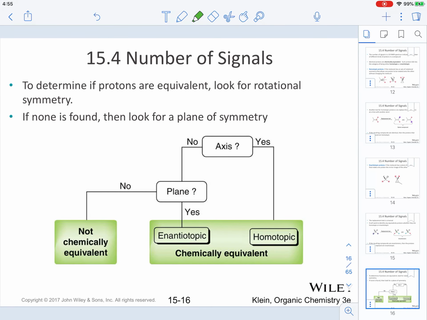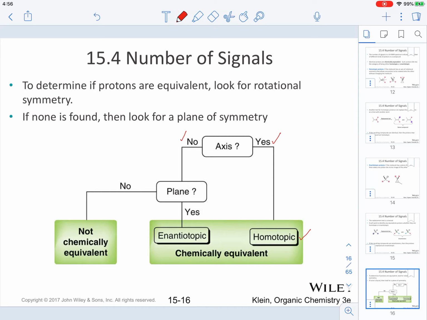So to determine if a proton is equivalent, you can look specifically at the rotational symmetry. If you don't have any of that, then you will look at the plane of symmetry, okay? So remember, when it comes to this, you're going to be looking at, do I have an axis of rotation? If the answer is yes, then what you have is a pair of homotopic protons. If the answer is no, then you will be thinking about, does this have a plane of symmetry?